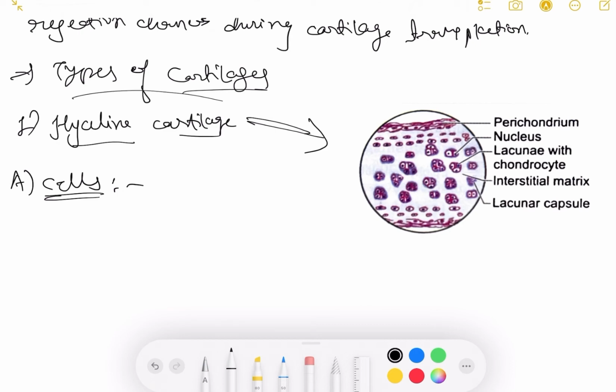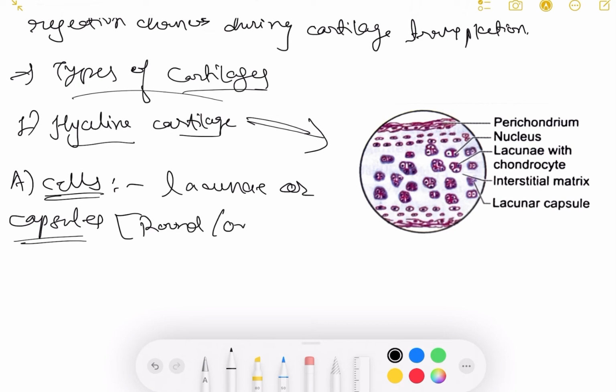As we have seen, the cells of all the hyaline cartilage or simple cartilage are located in the lacunae or capsules, which are round or oval. So can you see in the figure? This is lacunae with chondrocytes, which are round or oval.